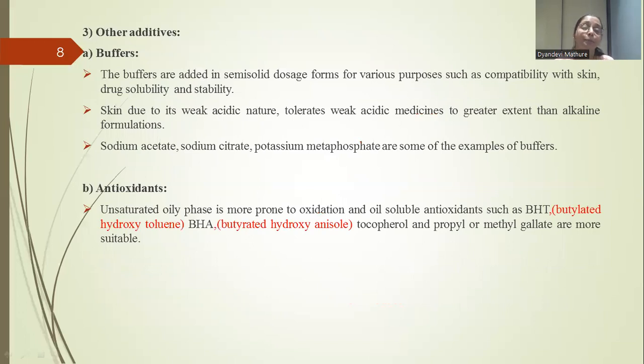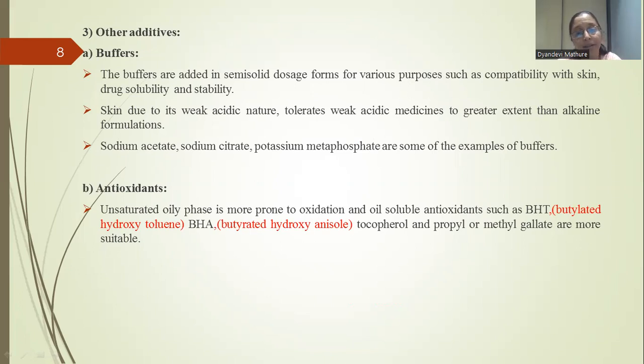Now the third ingredient or additive used in the preparation of ointment is, many a times we require a buffer. Very important, because just now we have said that whatever base we are using for preparation of ointment should be compatible with the skin. Whatever the pH of your skin, your base should have the same pH. So for maintenance of pH, we need to add buffers.